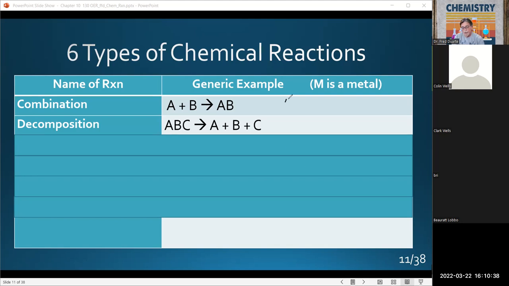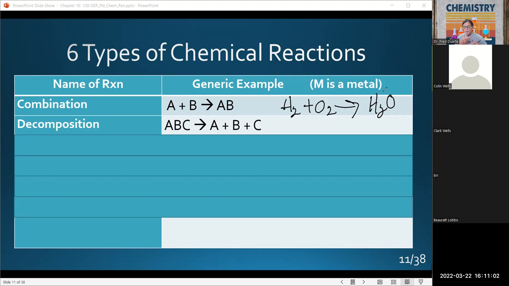A good example would be hydrogen gas plus oxygen coming together to form a compound, good old-fashioned water, okay? A lot of rockets use that as a fuel. In fact, you can see the big old plume of smoke coming out, which is seen as water vapor coming out. Okay, so that's 2 elements coming together to form a compound.